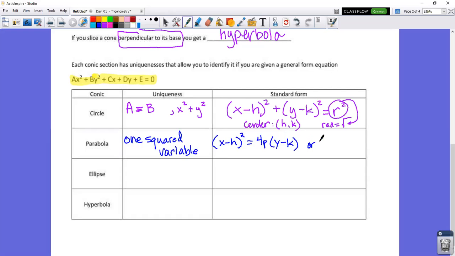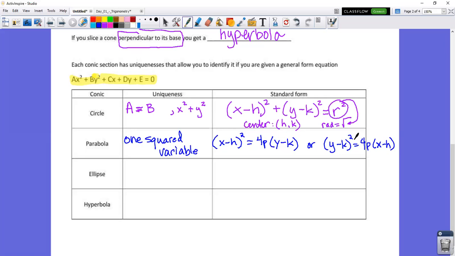Or if it's the y thing that's being squared, then the 4p goes in front of the x parentheses, if there are any. So it can be x squared or y squared, and we're still going to have a parabola. The factor always comes with a non-squared parenthesis.